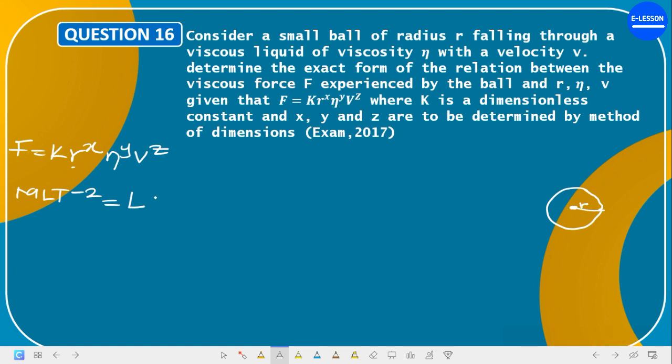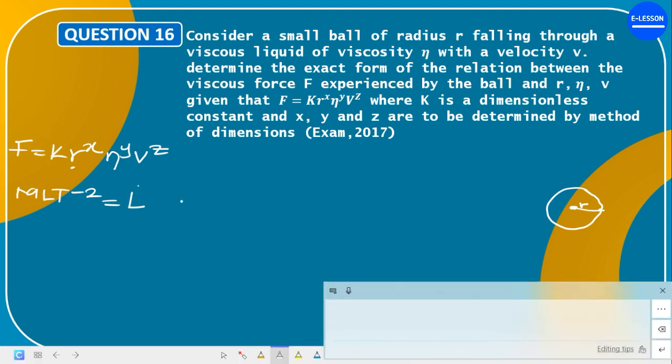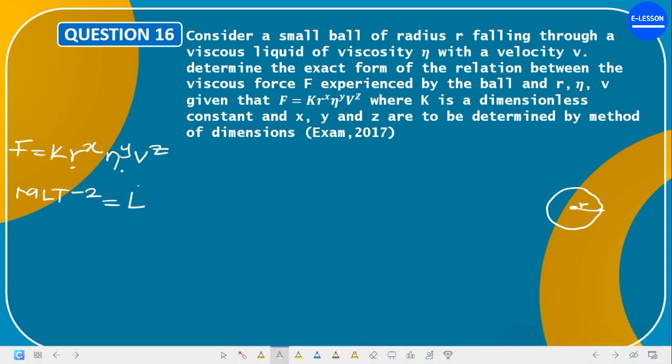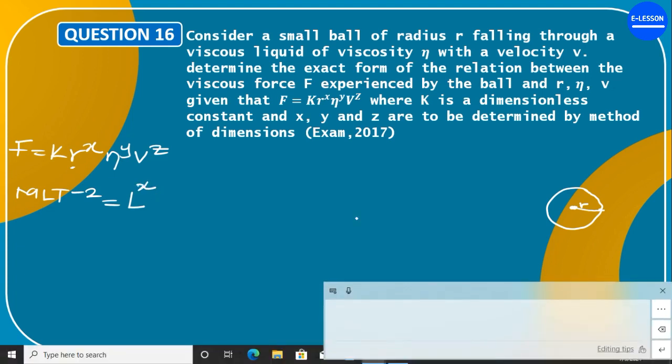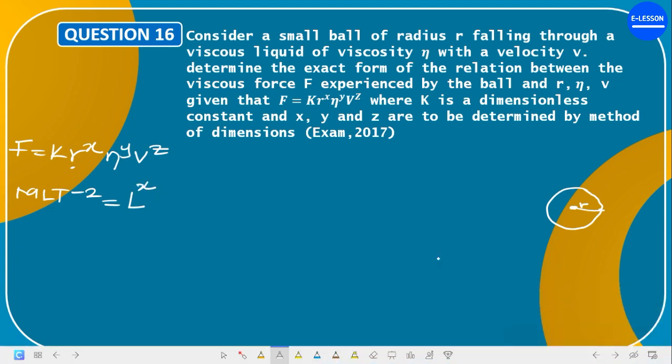Now, like I was saying, the dimension for radius is L. Radius is raised to the power of x, so your L will be raised to the power of x.